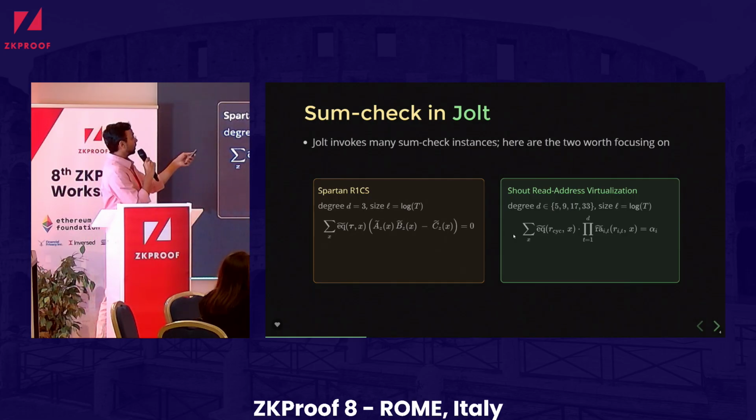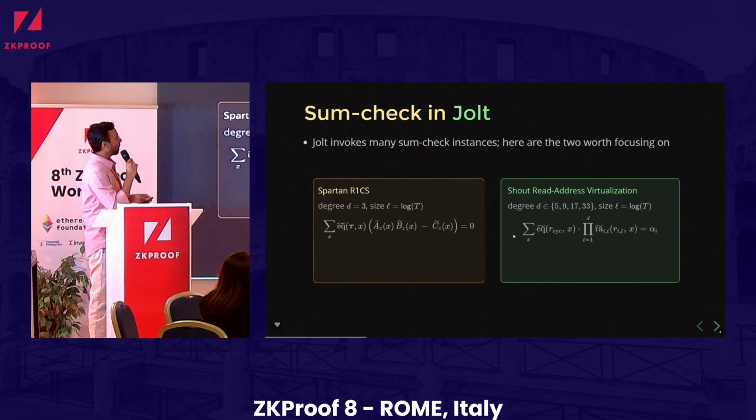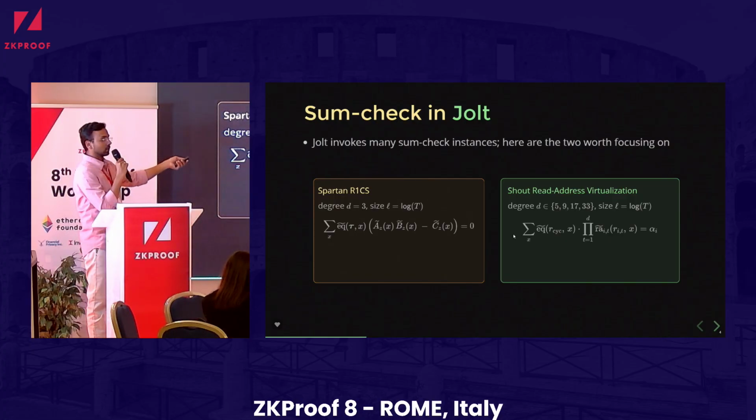And the second, to prove that this read address virtualization was done correctly. So all of these polynomials that you see here are multilinear polynomials, and the goal is to run a sum check instance over these expressions.